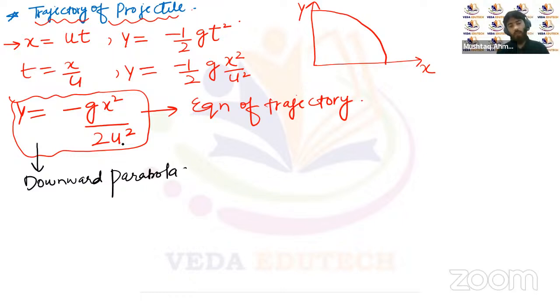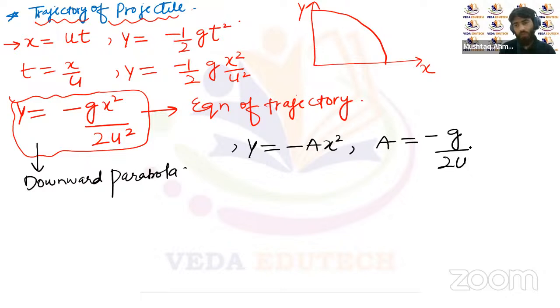Once again, this represents the equation of trajectory for this projectile, that is y is equal to minus ax square, where a is equal to g upon 2u square. This is the equation of trajectory for horizontal projectile motion.